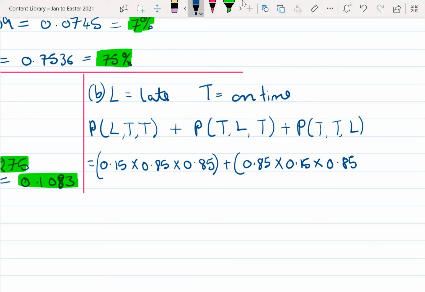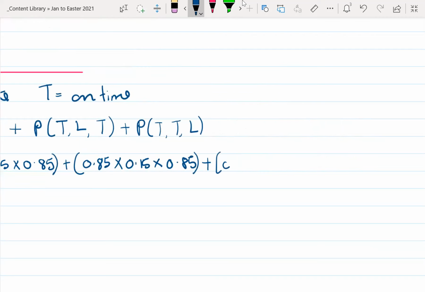Plus, finally, now we're just going to do this bit. So what about being on time the first day, the decimal chance of that, and on time the second day, and late the third day.